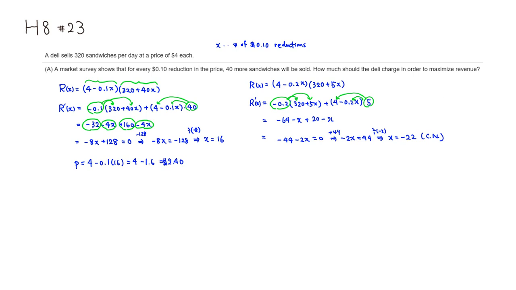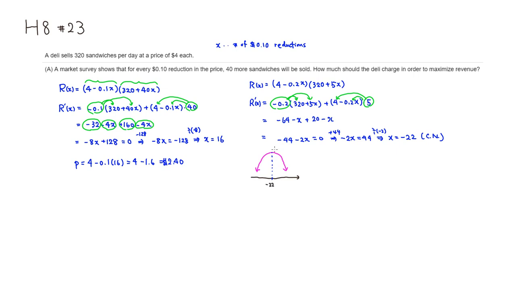This is the ballpark picture of the graph. It's a parabola facing down, so the basic shape is like this. It's not very precise, and the critical number is at the vertex, which is at negative 22.